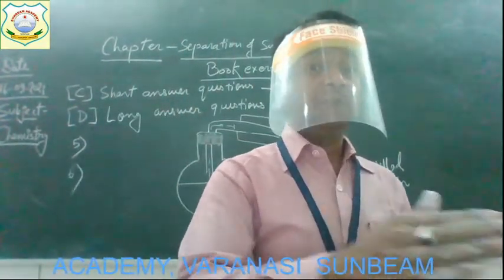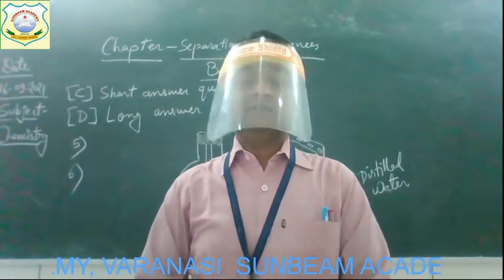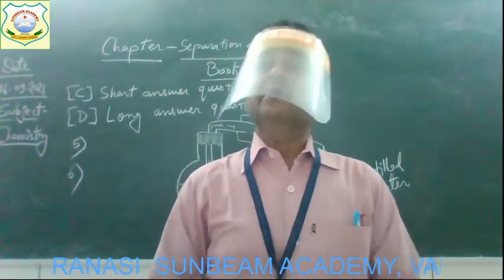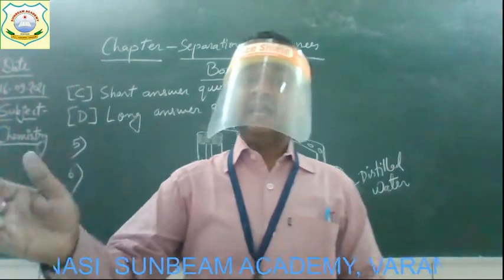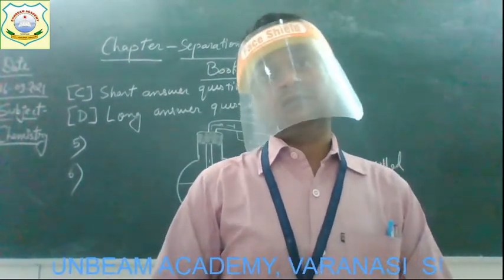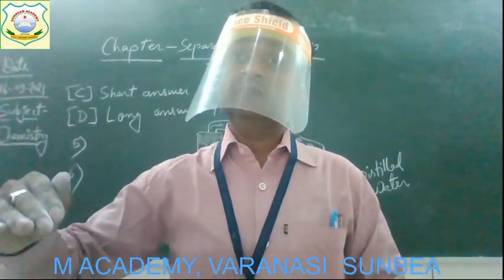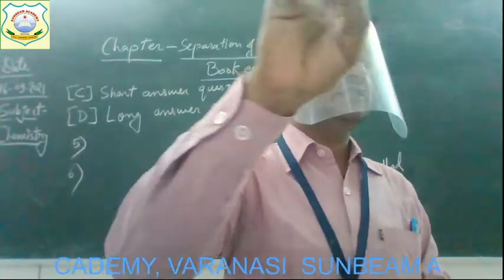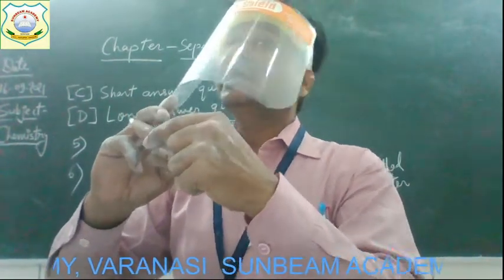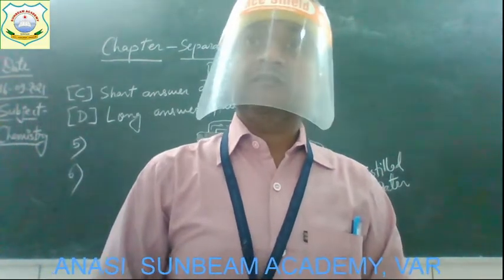In the second step, the grass can be separated by filtration, and the sand can be separated by sedimentation and decantation, because the sand particles can settle down at the bottom. So you will use three methods: hand picking, filtration, and sedimentation and decantation, to separate all three substances from the mixture.